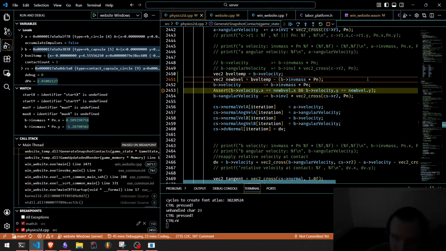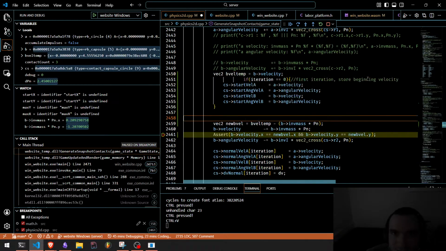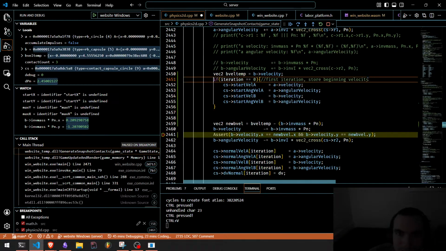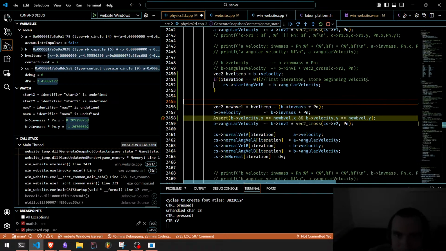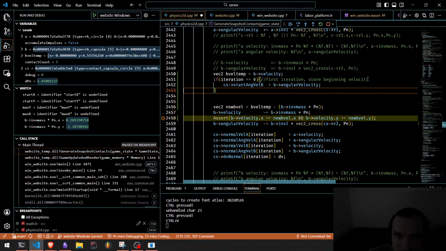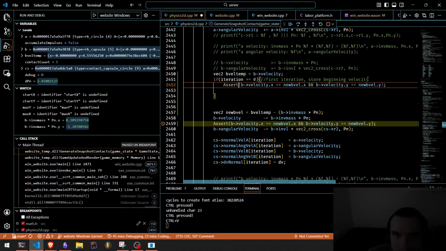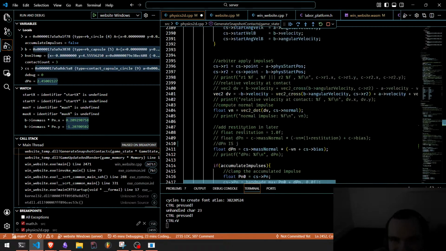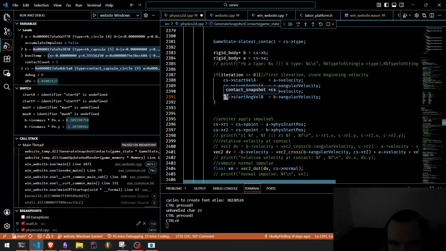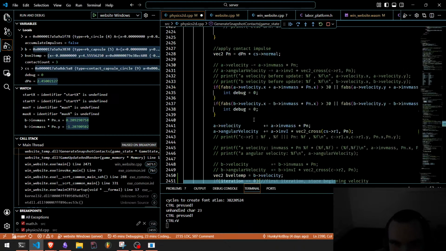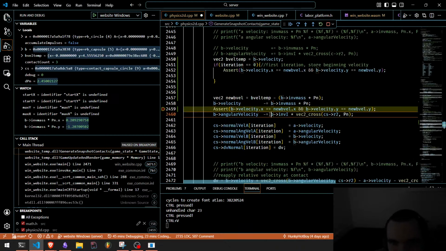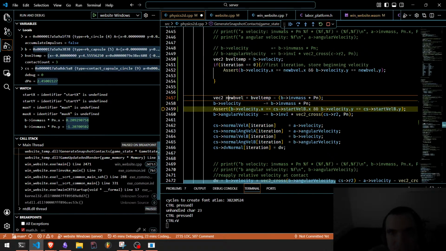I'm going to assert that it's the same value down here. If iteration equals 0, we're going to assert that velocity.x equals cs start lb.x. Same thing right there.